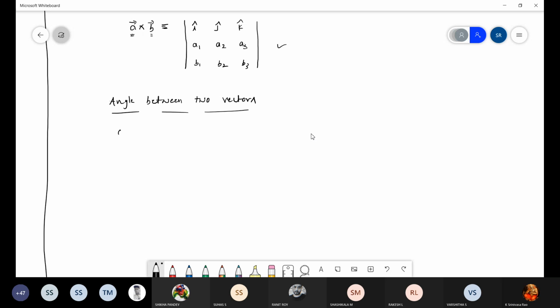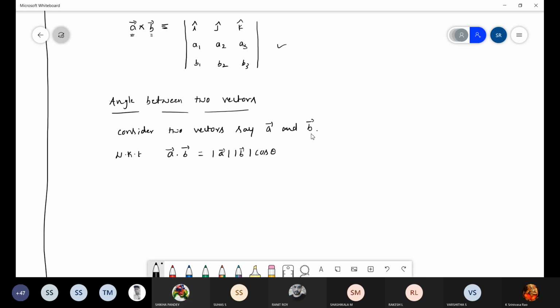Consider two vectors, say A and B. We know that A dot B. So what is the basic definition of the dot product? A dot B is equal to magnitude of A, magnitude of B into cos theta.